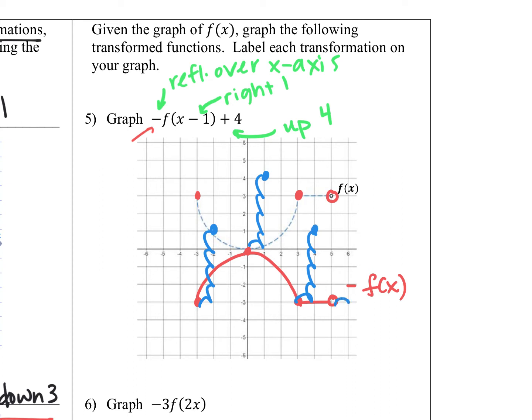And then this guy, right 1, up 1, 2, 3, 4. And that's an open circle. So the actual graph would be this guy. Again, it's a little circular thing as best you can. There's the sketch. That blue graph is the sketch. That is equal to negative f of x minus 1 plus 4.